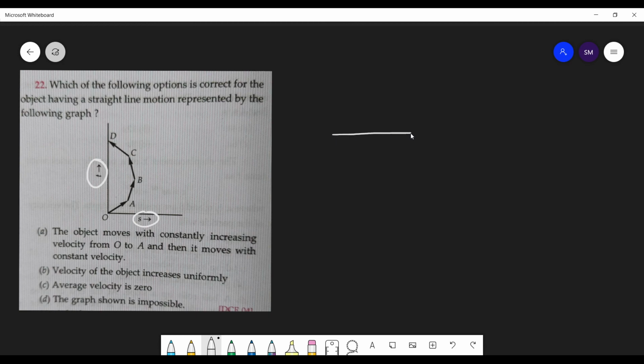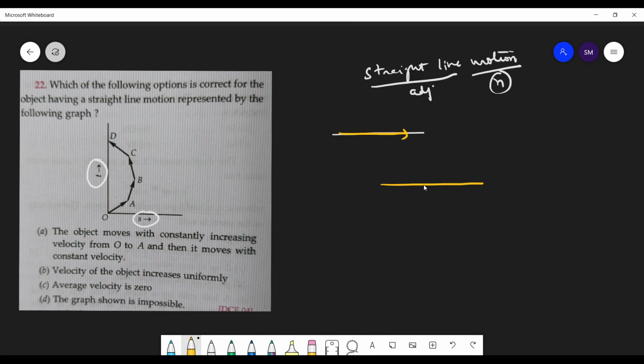So this is a straight line motion. Straight line motion means what? First of all, what is the meaning of straight line? Straight line is the noun. So it's a motion, and it is representing what? Straight line. So straight line motion, if you are going in this direction, that's straight line motion. If you are going in this direction, can you come back?